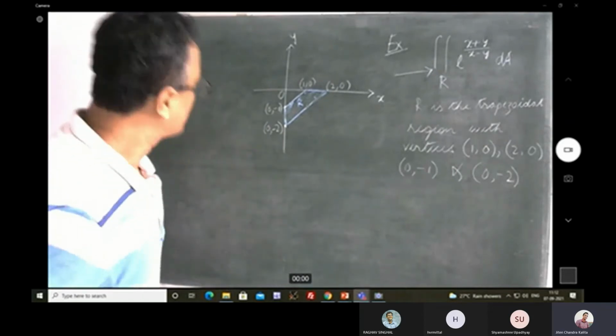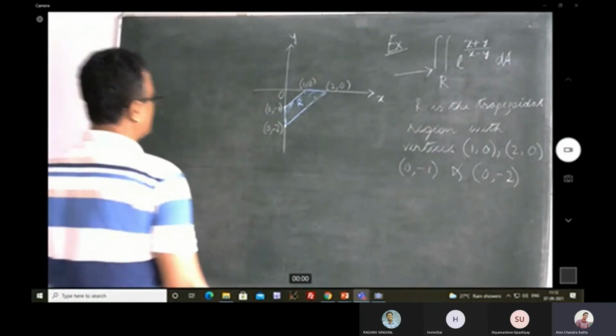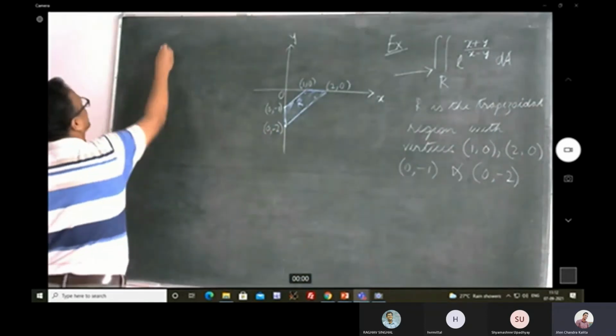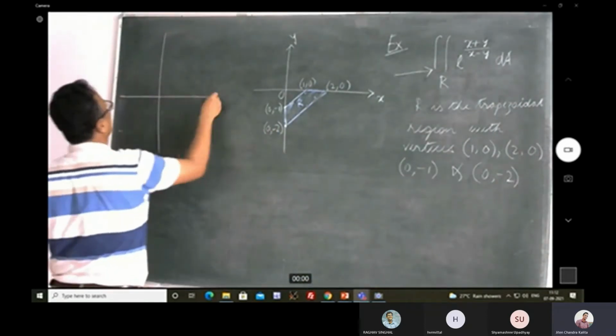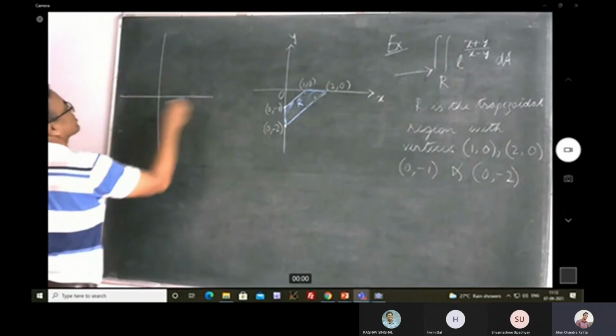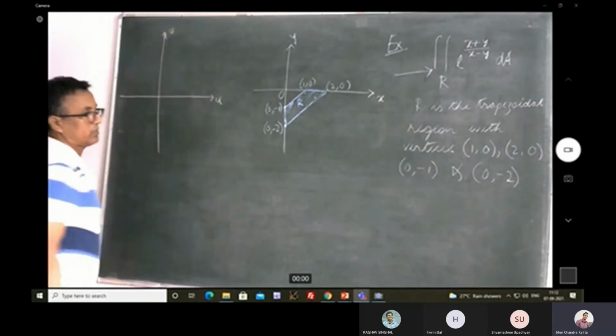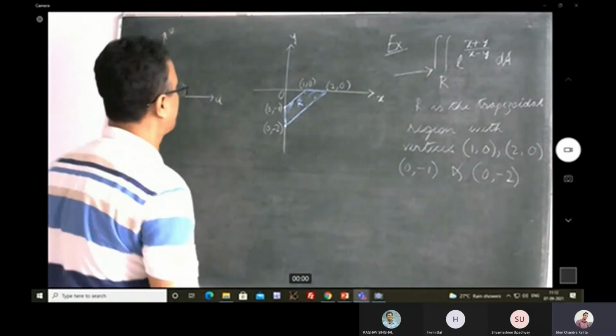Now let us see what the boundaries are here. As I told you yesterday, boundaries will correspond to boundaries, so that I can easily find the interior of the region with the help of that.